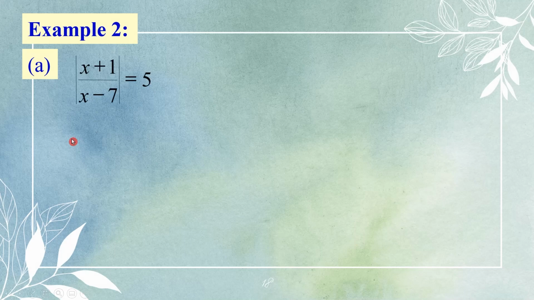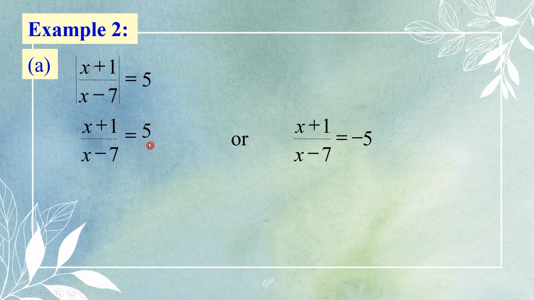Okay, let's look further at rational functions for absolute values. Given to us the absolute value of (x + 1) over (x - 7) = 5. By using the definition, it equals 5 or -5.